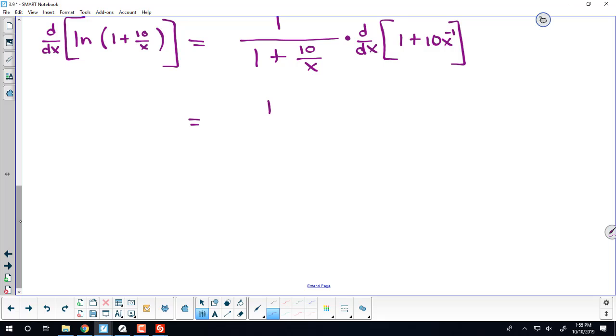So we have the 1 over 1 plus 10 over x times the derivative of 1, which is 0, times the derivative of 10x to the negative 1. So that's negative 10x to the negative 2, or negative 10 over x squared. So any questions on that particular derivative?